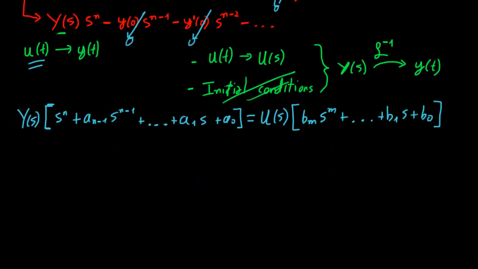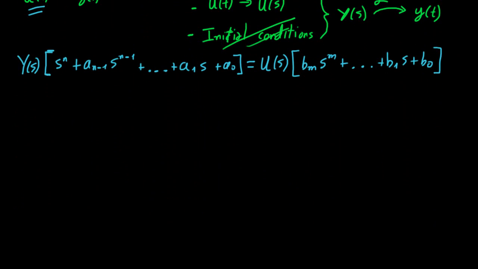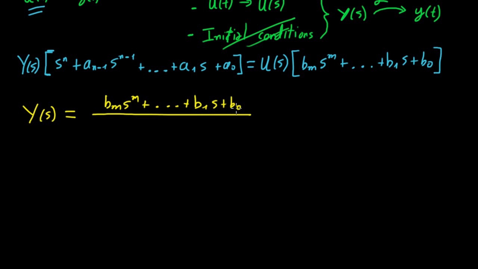Now we can rearrange the equation to leave Y of s in the left hand side, and this is bm s to the m plus up to b1 s plus b0 in the numerator, and s to the n plus a n minus 1 s to the n minus 1 plus all the way to a1 s plus a0. All that multiplied by U of s.